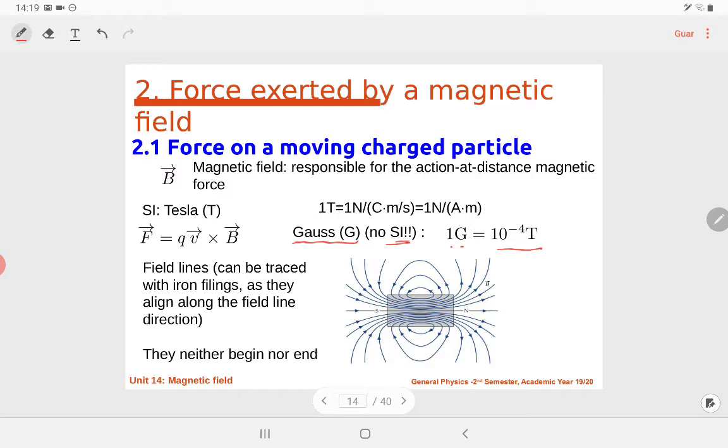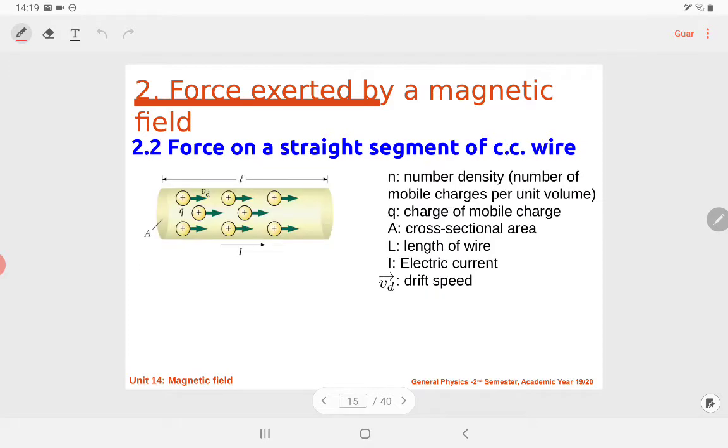So now that we've seen the force acting on one moving charged particle, we're going to look at the force on many moving charged particles. We're going to go into a segment of current-carrying wire.